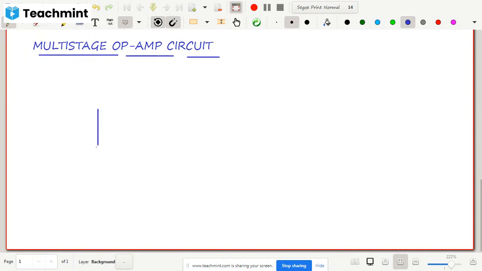Okay, let me just try to draw this as quick as possible. Let us say this is my minus and plus, and suppose now I will connect this stage to another stage in this way. So let me say this is my minus, output, plus, and then the output of this to again another stage I will connect through a resistance.